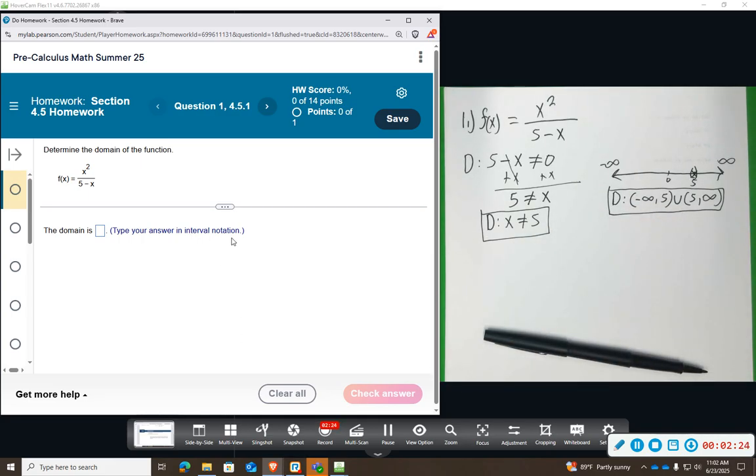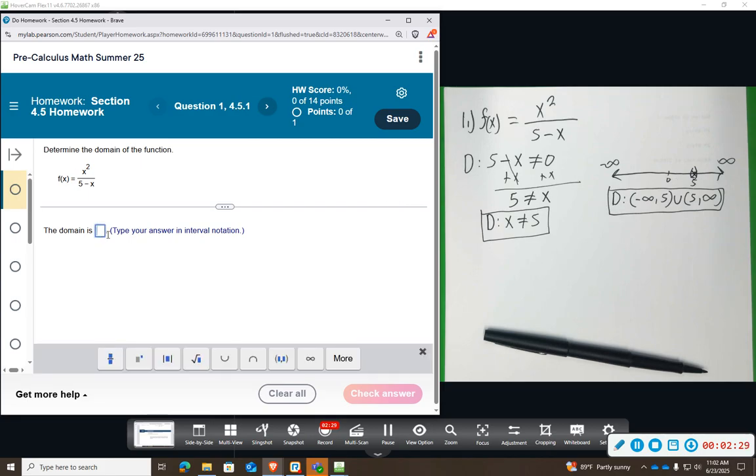So they want it in interval notation. So this number line method that I used. Make a negative infinity to 5, and 5 to positive infinity.